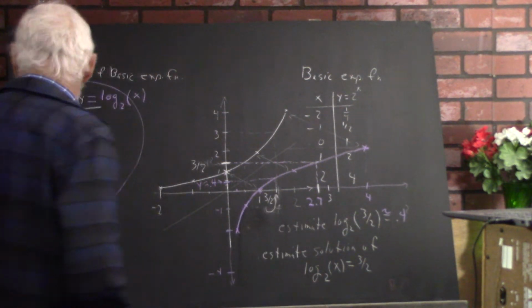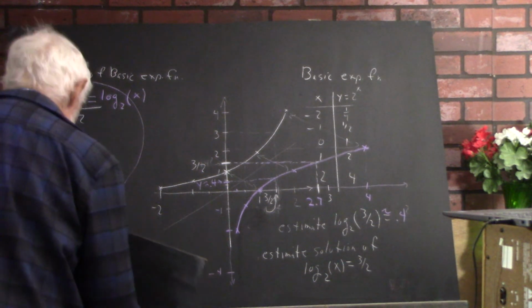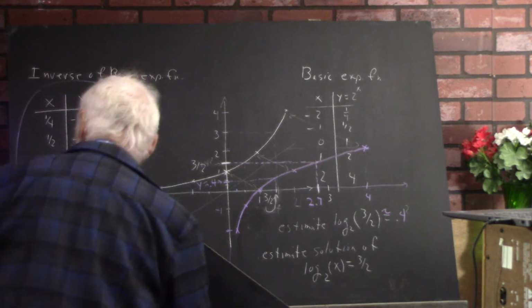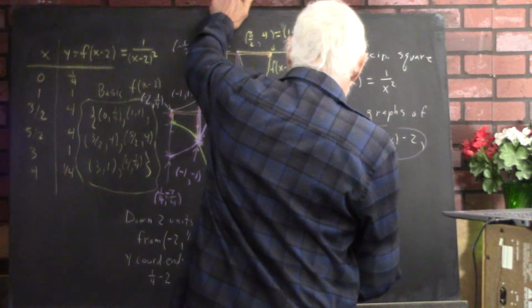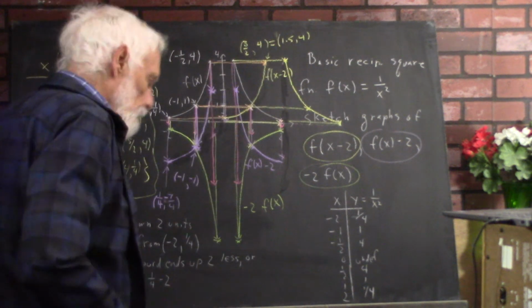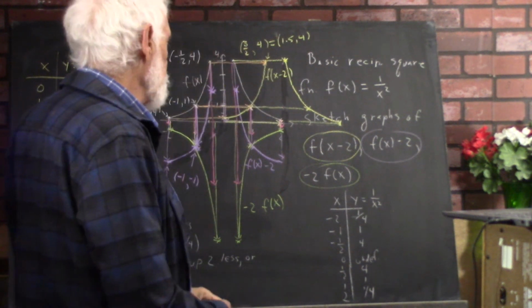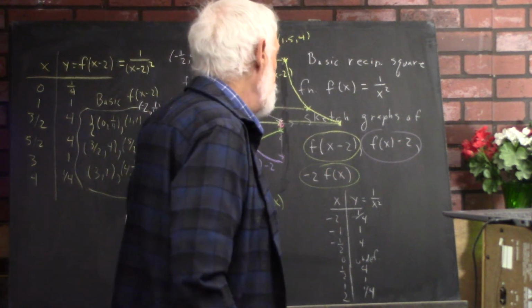Okay. Now, prior to this, we did transformations of the basic reciprocal square function, f of x equals 1 over x squared.